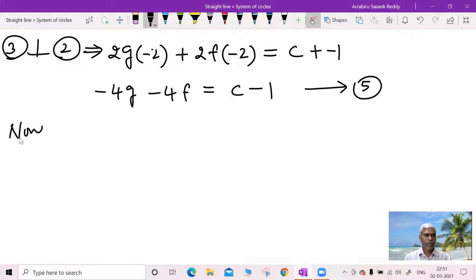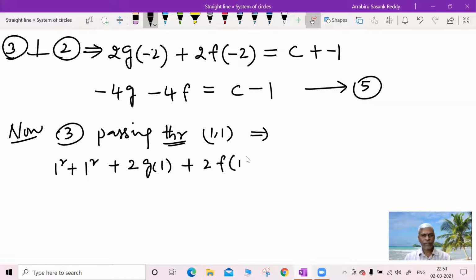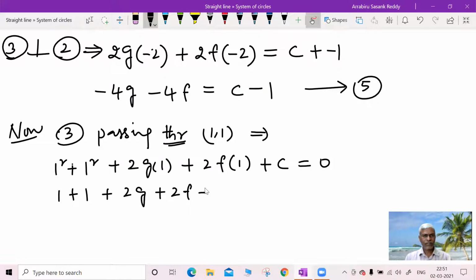Now the required circle equation 3 is passing through (1, 1). So substituting this point in the general equation x square plus y square plus 2gx plus 2fy plus c: 1 plus 1 plus 2g plus 2f plus c is equal to 0.